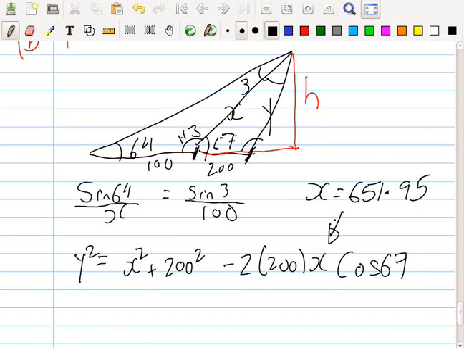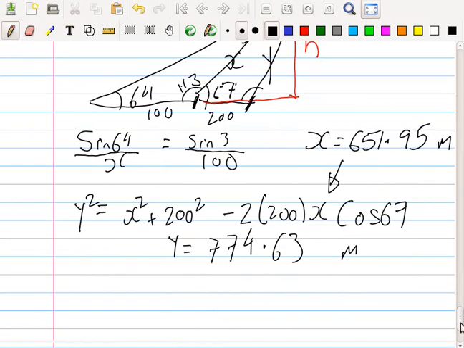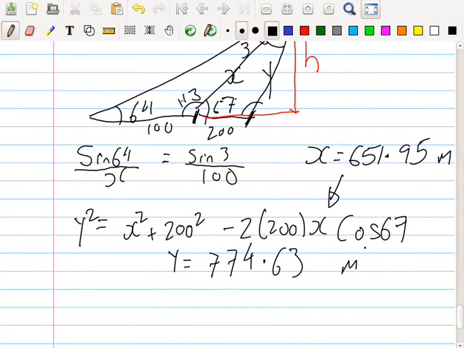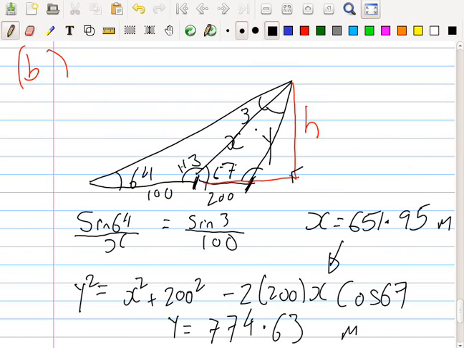So I got y equals 774.63 meters. Now, am I finished? No. Now I have to find the h. That's what he wants. Okay, last triangle. I know y.